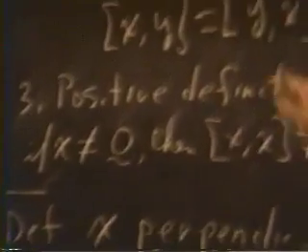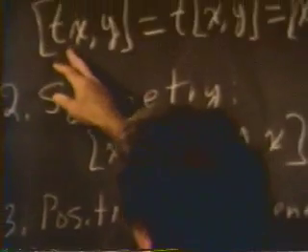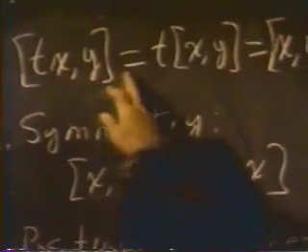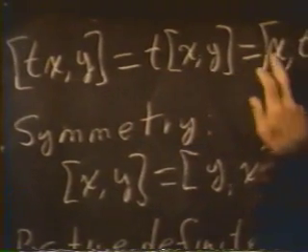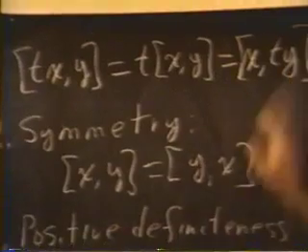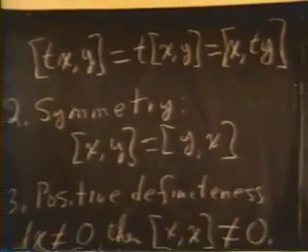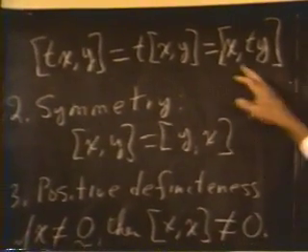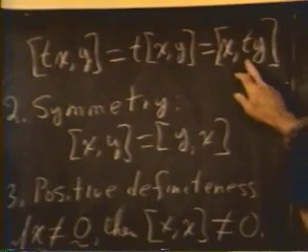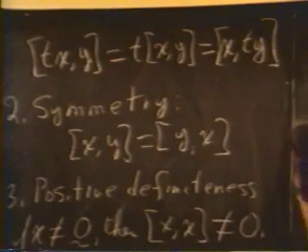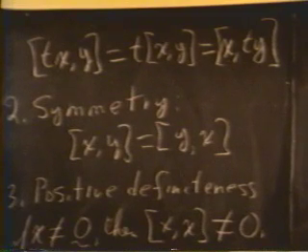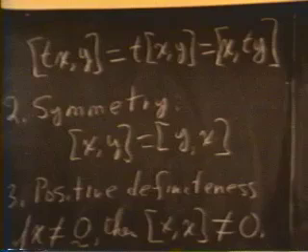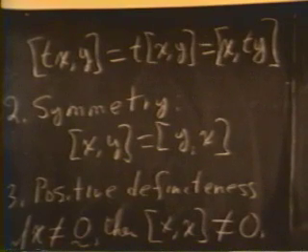And in the case of scalars, the scalar product of tx with a vector y must equal t times the product xy, which is itself equal to x times the product ty. In the last case, the scalar product of x with the vector ty. The symmetry is, as to be expected, the scalar product of xy is identical to the scalar product of yx.